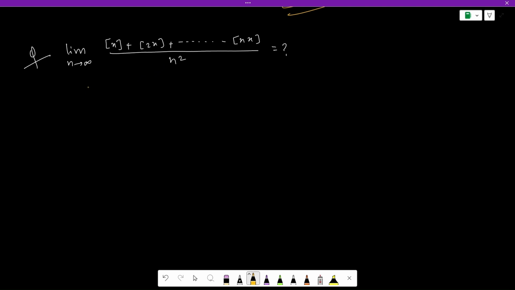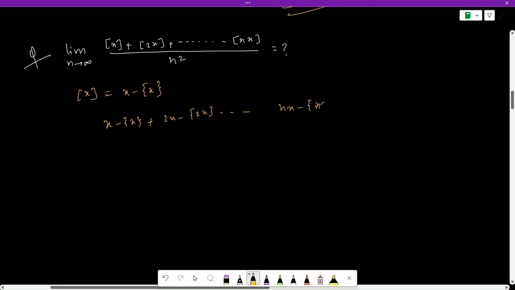So what we can say is that greatest integer x is equal to x minus fractional part of x, right? So each of these terms can be written as x minus fractional part x plus 2x minus fractional part 2x and so on up to nx minus fractional part of nx, right?